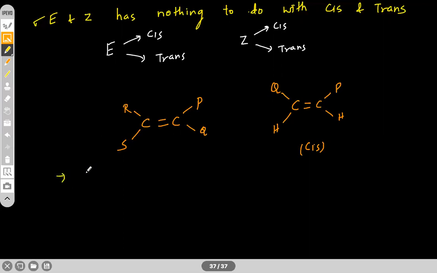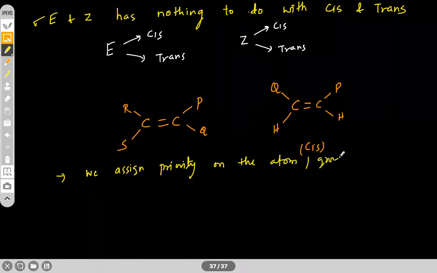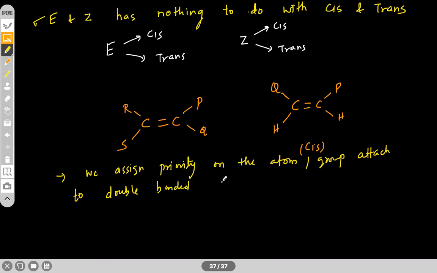So first of all, we assign priority on the atoms or groups attached to the double bonded carbon according to the CIP rule.